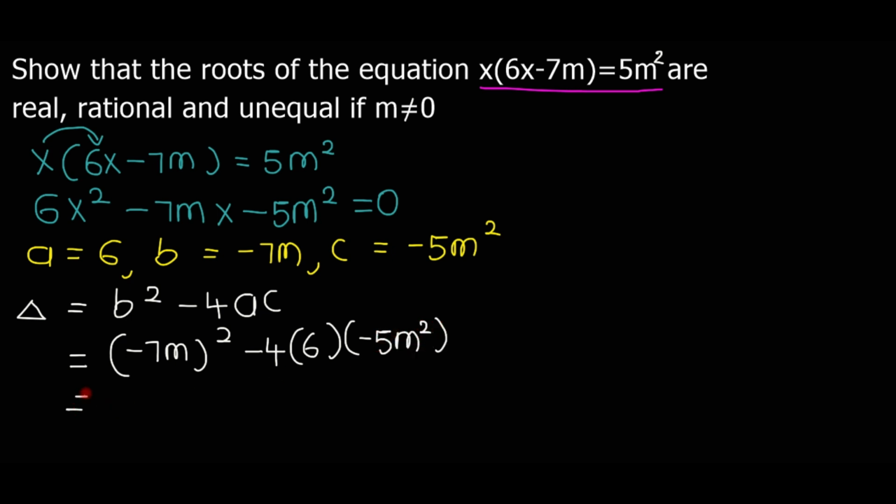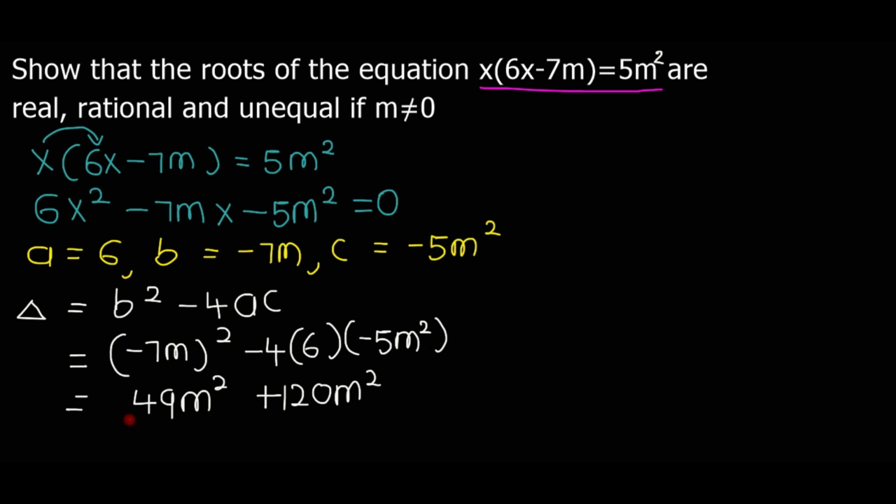So from there, this one is 49m squared, because minus 7 squared is 49, and m squared is m squared. And this part is positive 120, because negative 4 times 6 times negative 5 gives positive 120, and then times m squared.